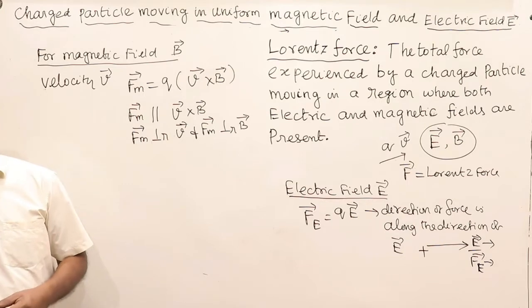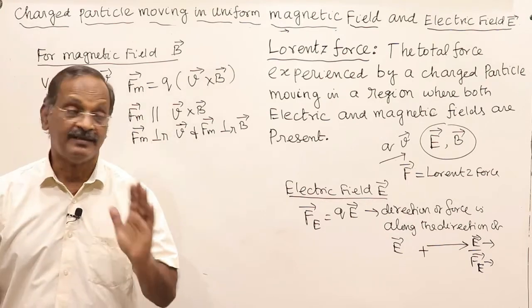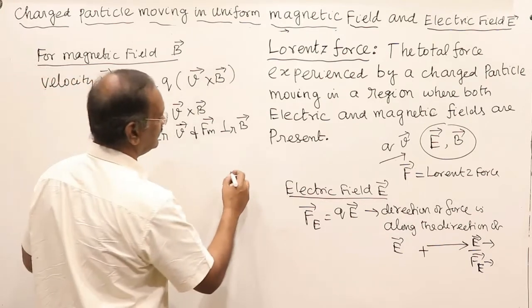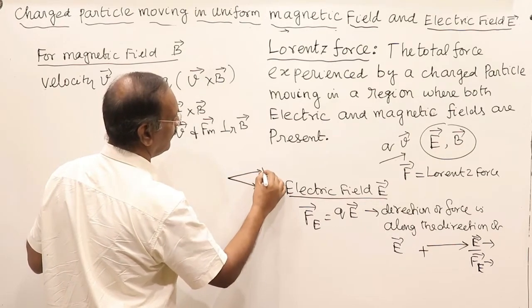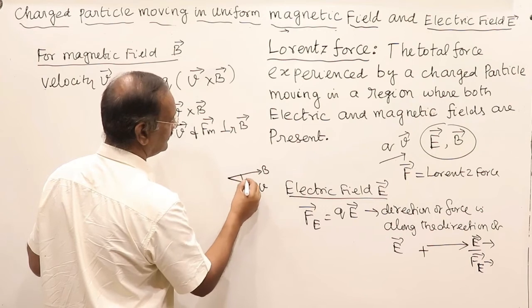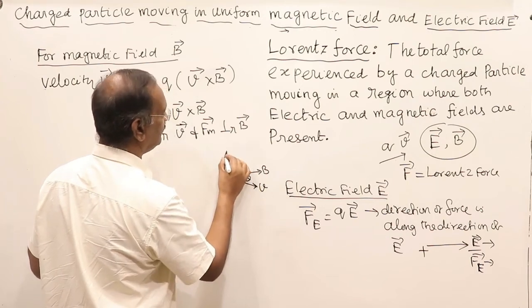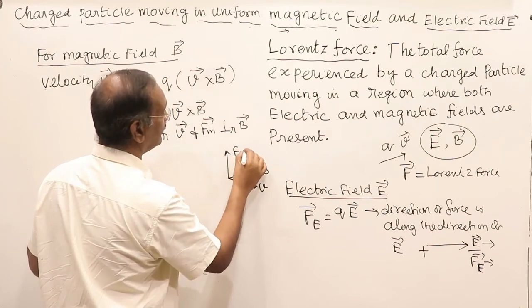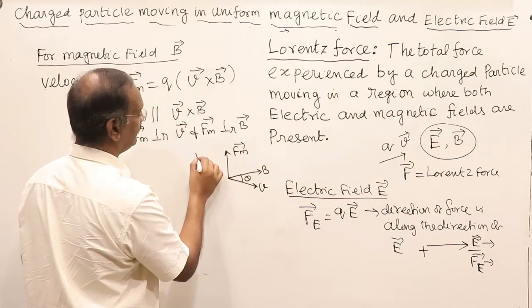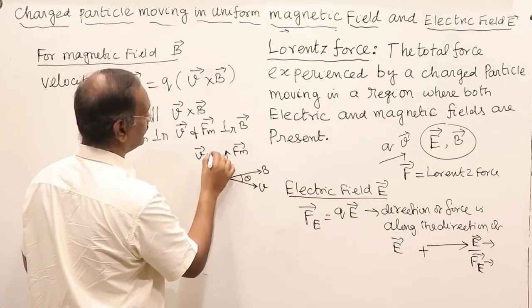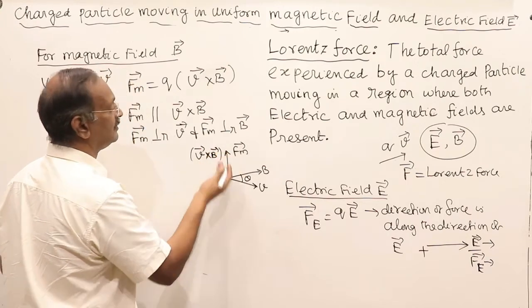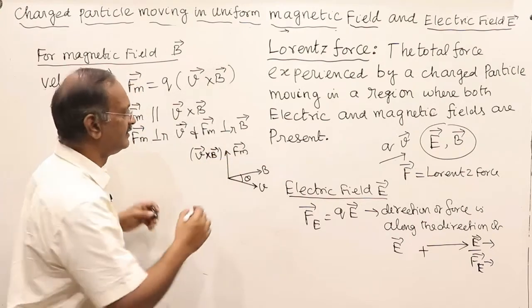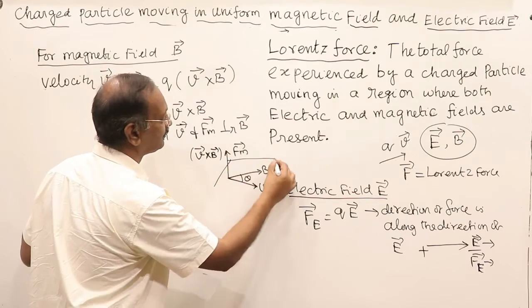See, this is the velocity vector, this is the magnetic field vector, and this is the angle between them. The force will be in this direction, which is also the direction of v cross B vector. This is lying in one plane.